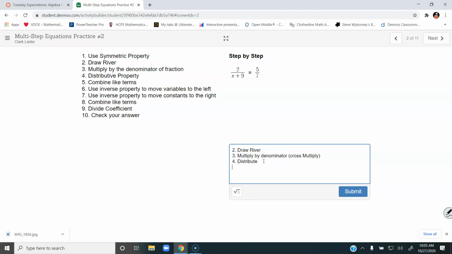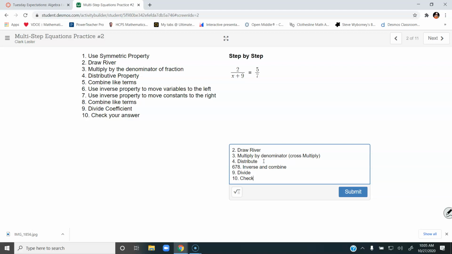I don't think there's going to be much combining terms just by looking at it. So then I'm going to do 6, 7, and 8 as one step. So I'm going to inverse and combine, and then I'm going to divide by the coefficient. And the last thing I'm going to do is check my problem.